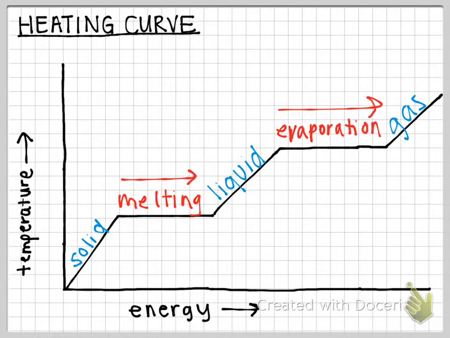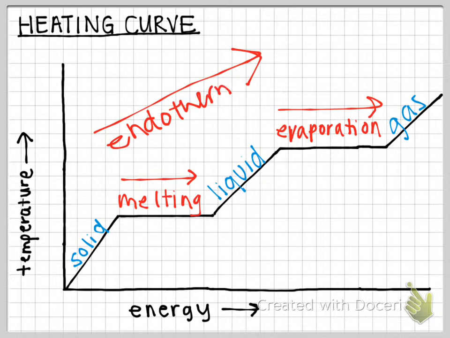And so because those are going up the heating curve and you are adding energy to the substance, these processes would be endothermic. So the 2 phase changes that are in red are endothermic. And then coming down the heating curve, going from gas to liquid, is called condensation.